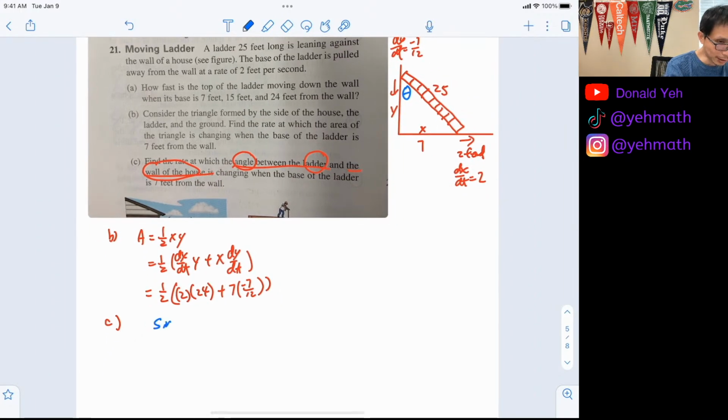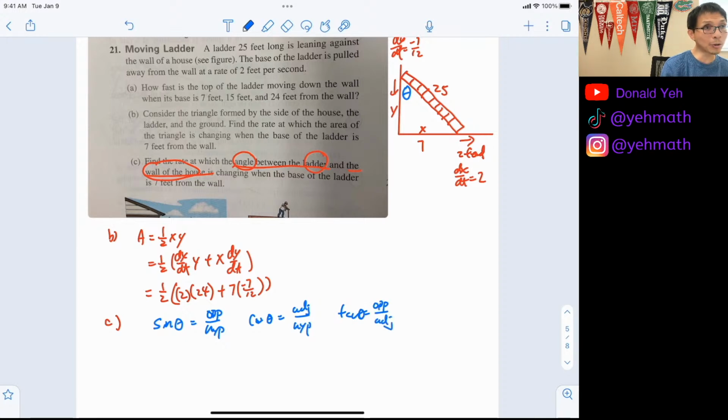Sine equals opposite over hypotenuse, cosine equals adjacent over hypotenuse, and tangent θ equals opposite over adjacent, right? Which choice will I pick in this particular solution? Actually, all of them are possible, but which one's the best choice?